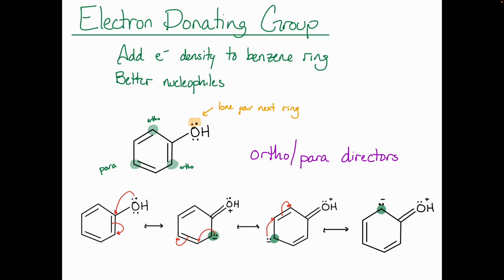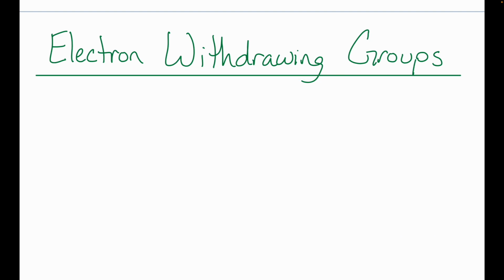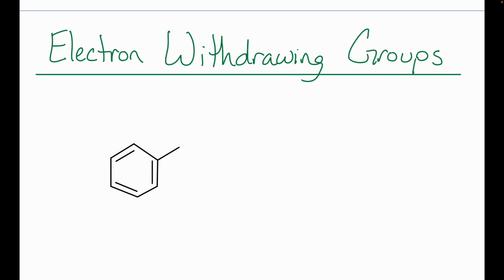All right, so then on the flip side, we don't have electron donating groups, but what are called electron withdrawing groups. Okay, so a good example, one sort of common feature we're going to see in a lot of these electron donating groups, electron withdrawing groups, is a carbonyl carbon that's located directly next to the ring here.